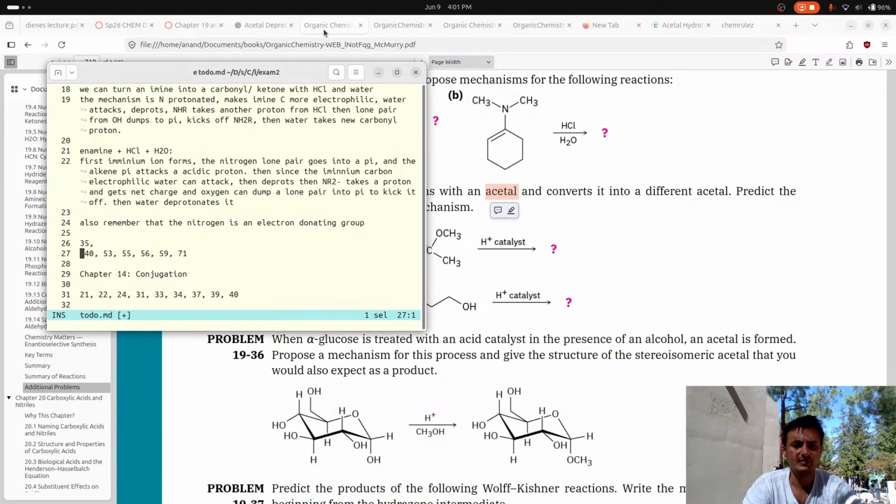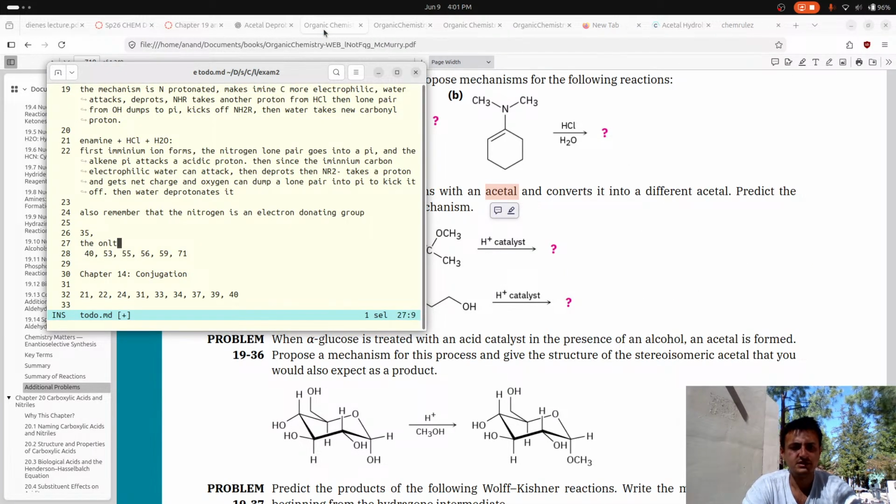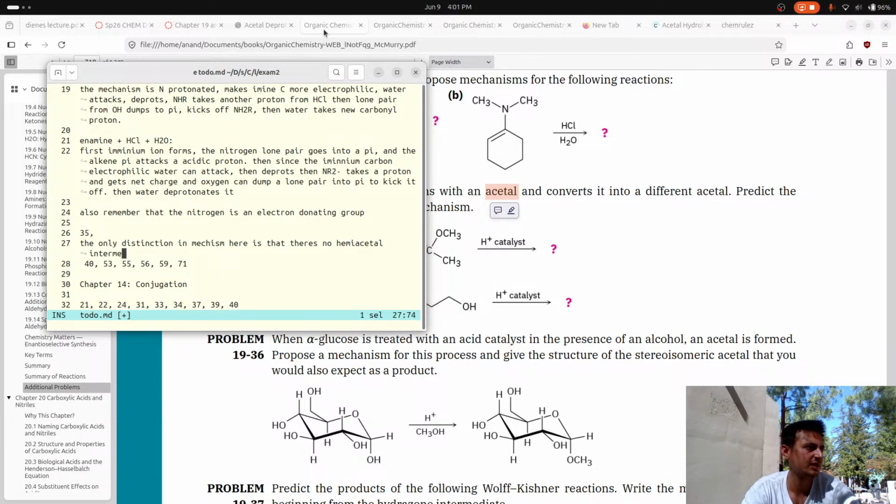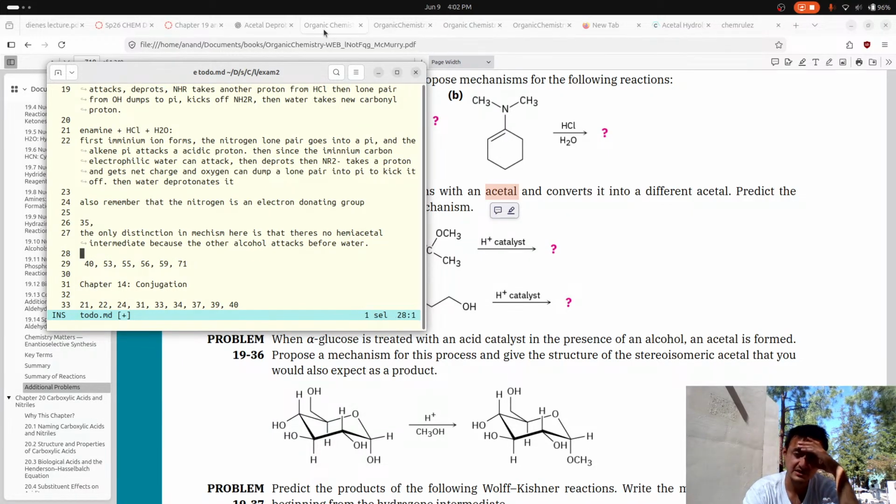So the only distinction in mechanism here is there's no hemiacetal intermediate because the other alcohol attacks before water. Okay, that's it for that.